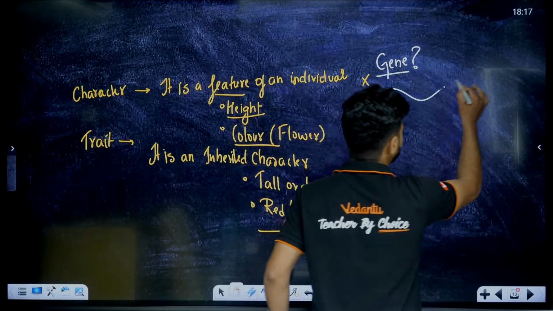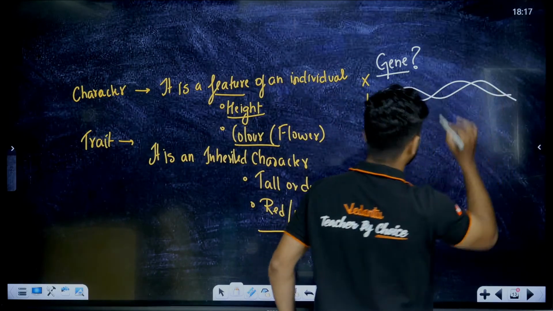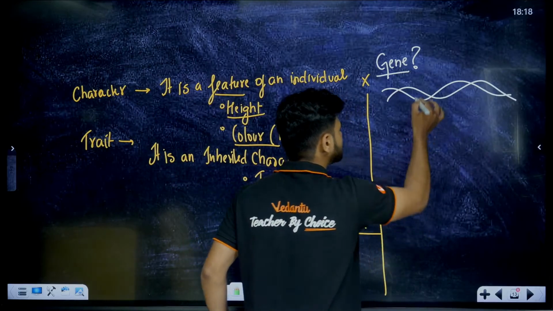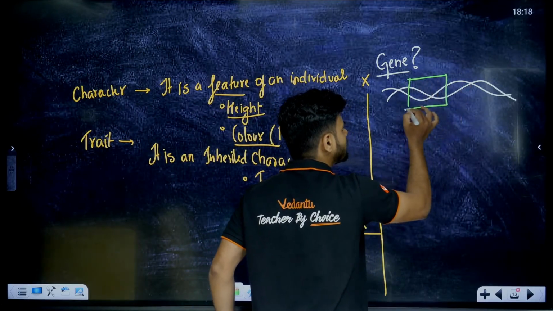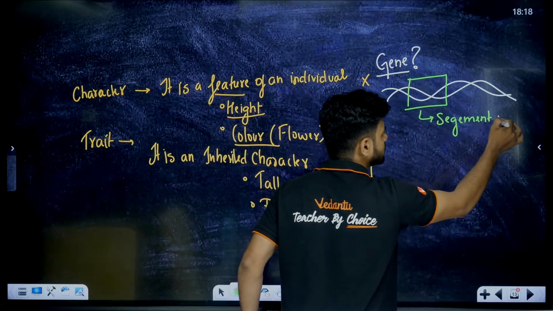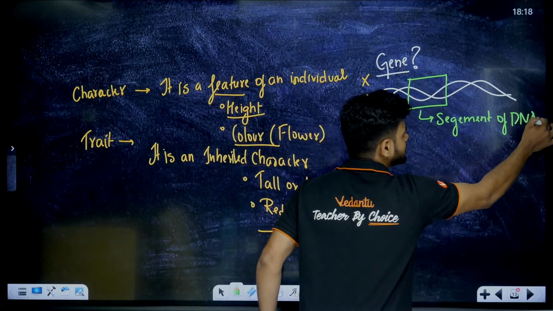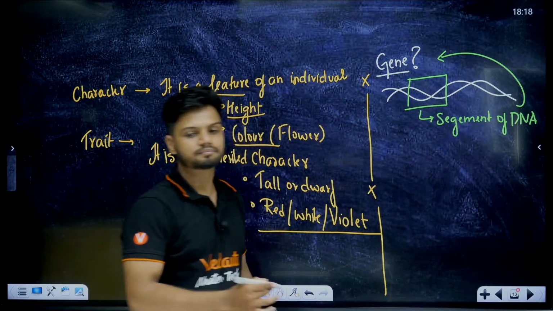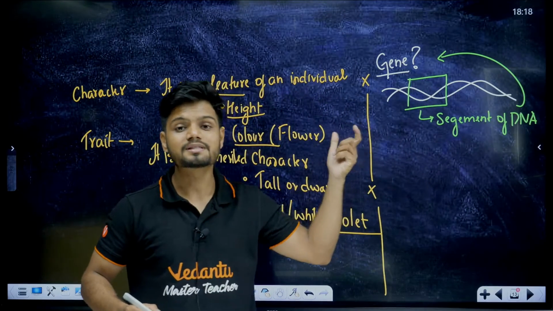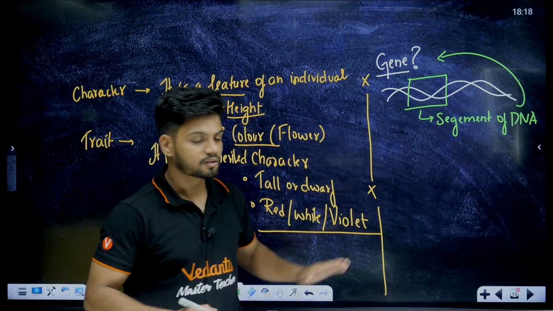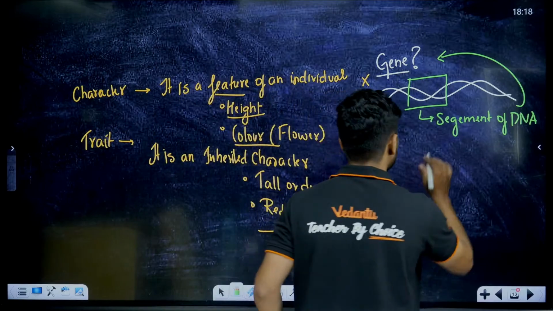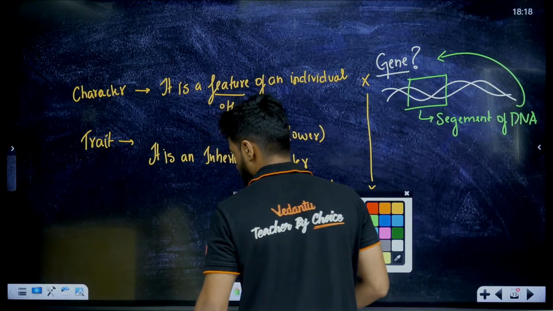Now, a gene is nothing but a small segment of DNA. A small segment of DNA is called a gene. It's a part of a DNA. Okay, Ravindrani? Yes. A segment of a DNA is called your gene.